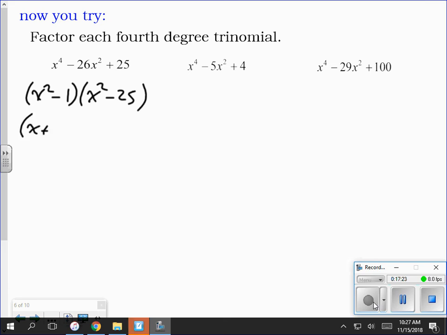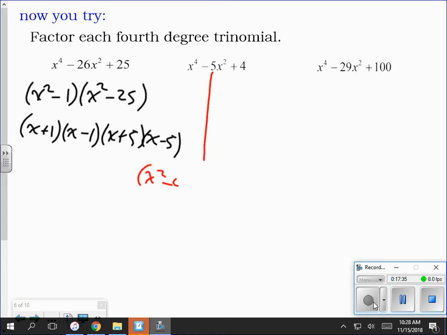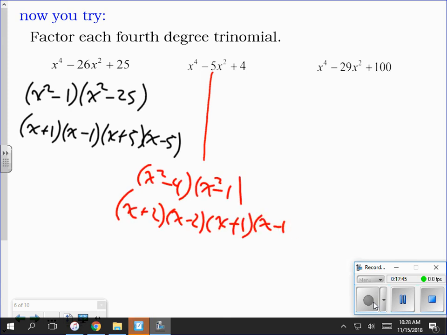So this is x plus 1, x minus 1, x plus 5, x minus 5. On the next one, it factors into x squared minus 4, x squared minus 1, which is x plus 2, x minus 2, x plus 1, x minus 1.